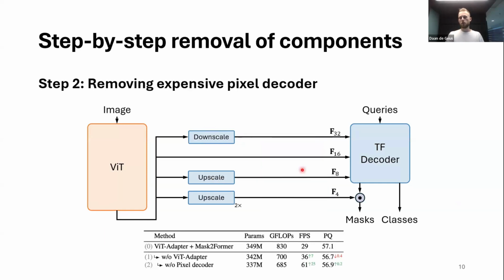So we simply get rid of this module. And once again, this doesn't really impact the panoptic quality at all, but we do see a significant speed boost in frames per second. Now the model is twice as fast as the baseline was. This is mostly due to the fact that the deformable attention operations that this pixel decoder had are just not very efficient. So we now get rid of them.